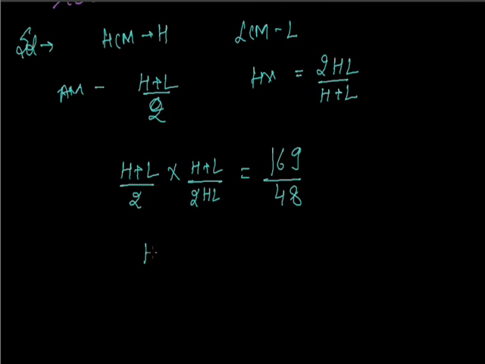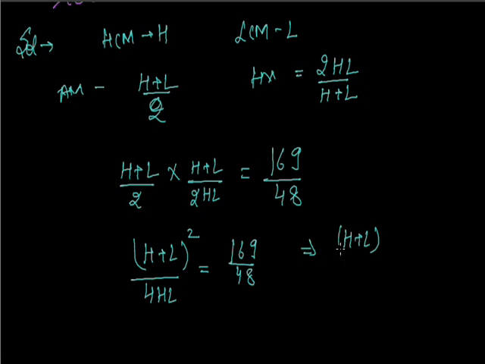It will give (H plus L) square upon 4HL equal to 169 upon 48. This will give (H plus L) square equal to 169 into HL upon 12.